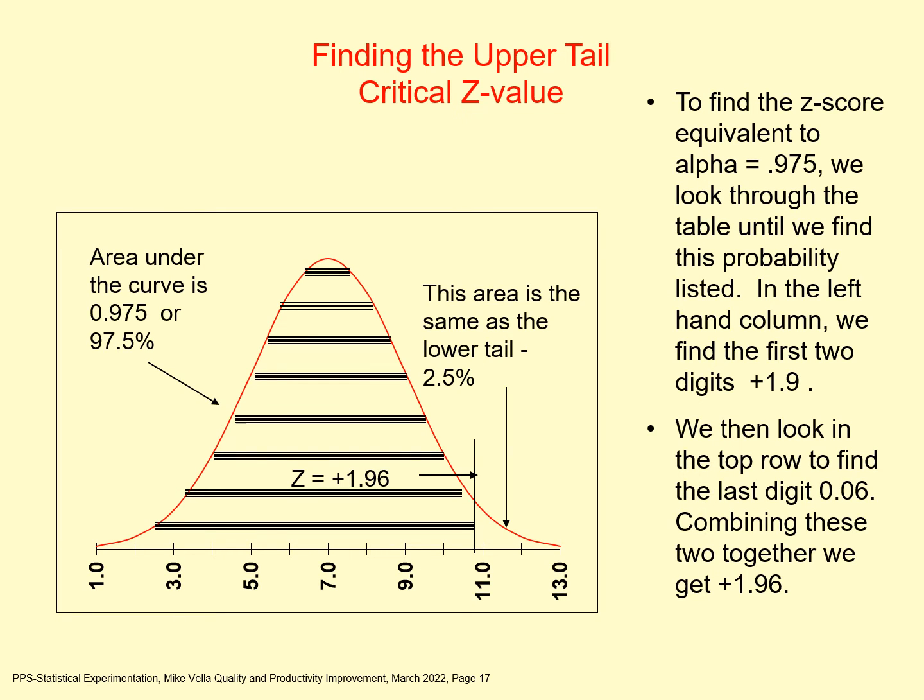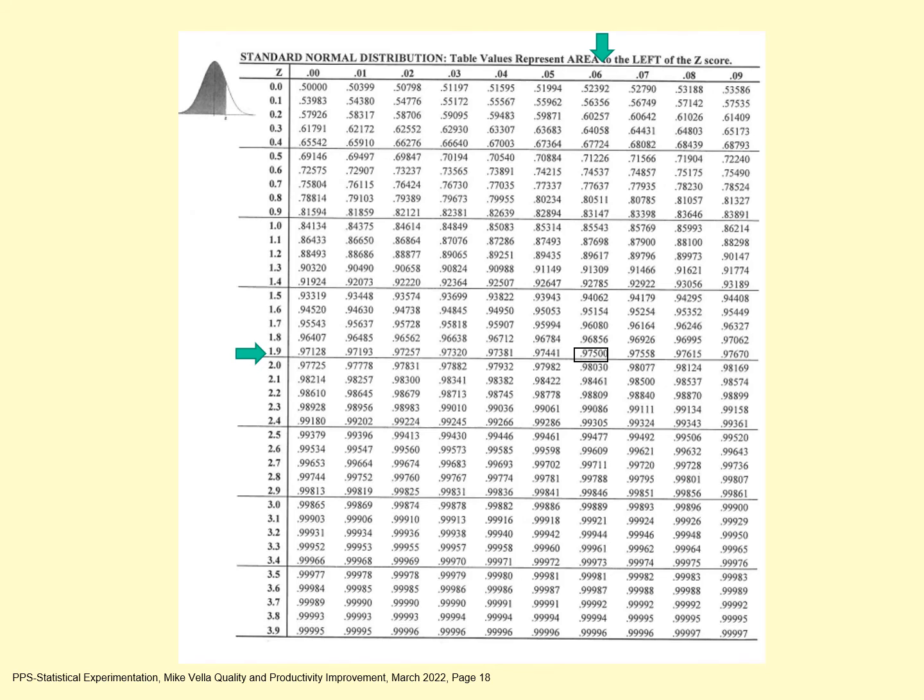Finding the upper tail of our z-score is done in a similar fashion. We'll be looking for the probability of the area under the curve of 97.5% or 0.975. And we're looking for, in our table, the value 0.97500.